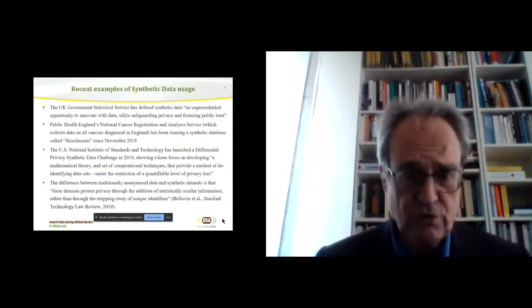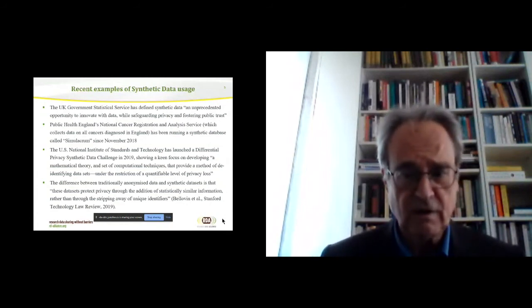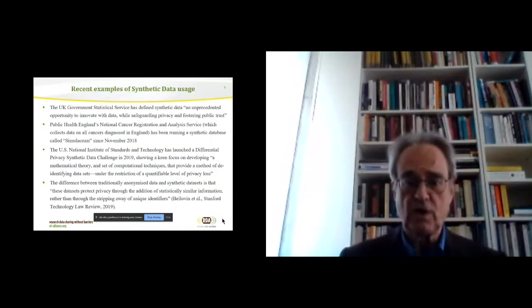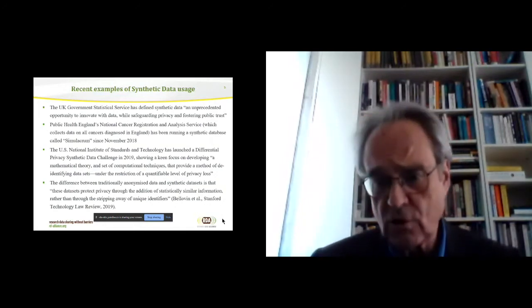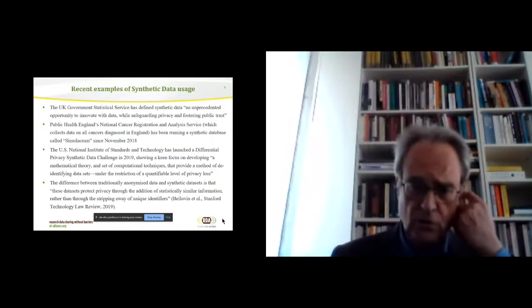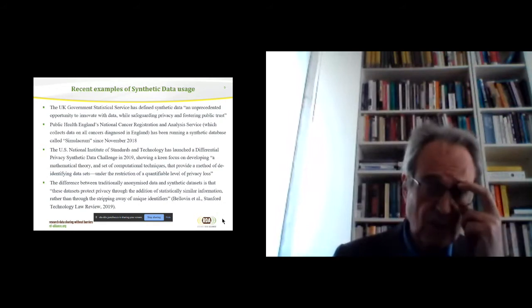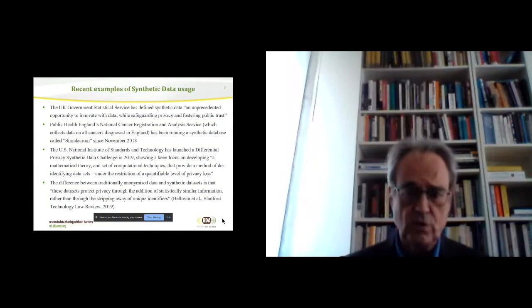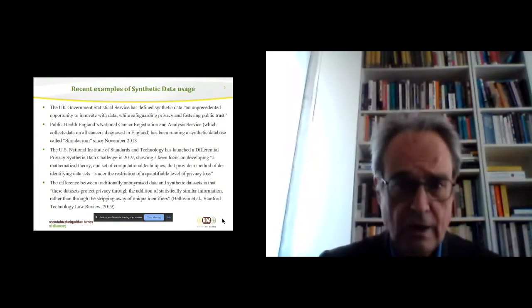The difference between traditional anonymized data and synthetic data sets is that these data sets protect privacy through the addition of statistically similar information rather than through the stripping away of unique identifiers, according to an article by Bellovin and others in the Stanford Technology Law Review in 2019.